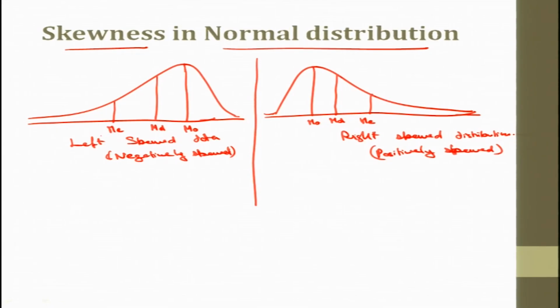Okay. So an example here can be, for instance, if I give a test to the students and the test is too easy, most of the students would be getting higher marks. So consider, would the data be left skewed or right skewed? Most of the students would be getting marks higher than the average, so the data would be left skewed in that case.